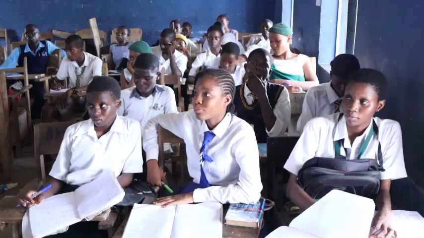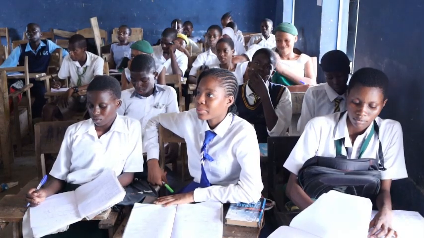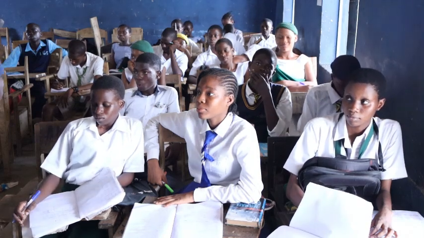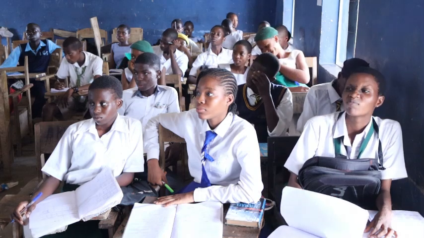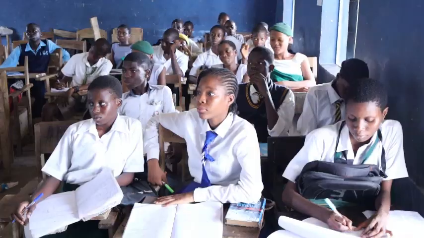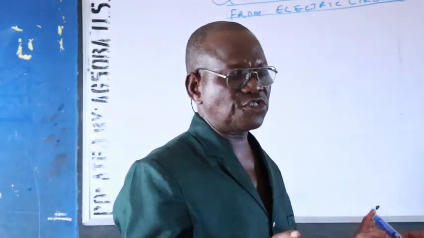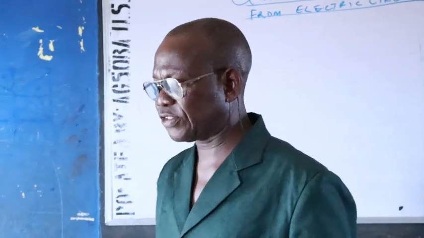And let me also inform you that when you want to determine anything from an electric circuit, the circuit needs to be broken down into segments. What do I mean by segment? The sources of the electric current in the circuit is a segment.